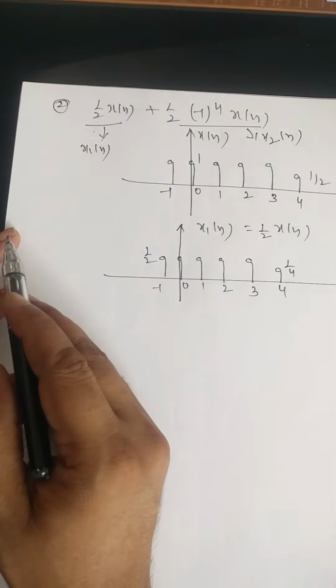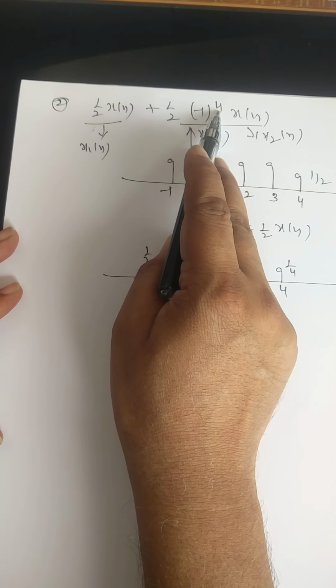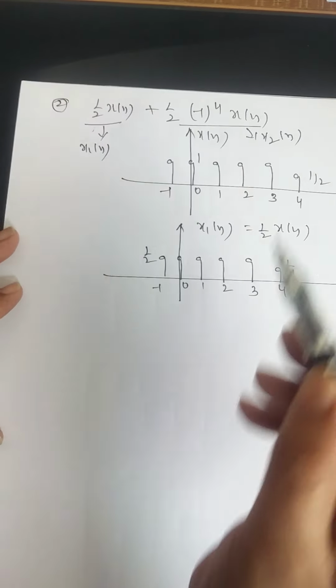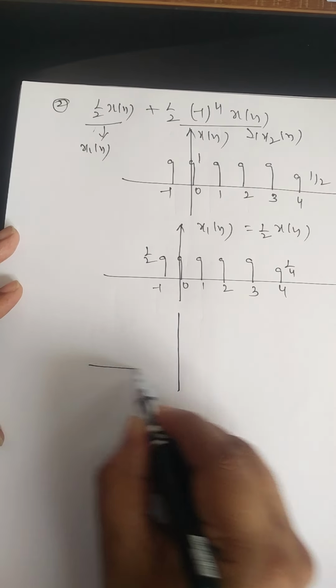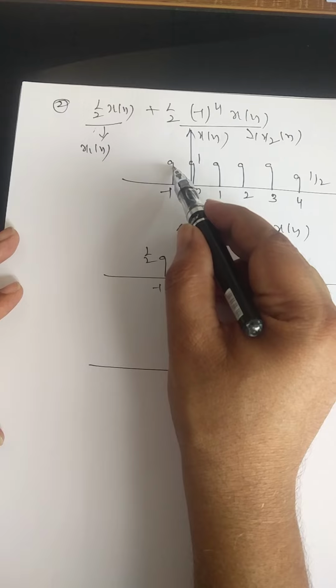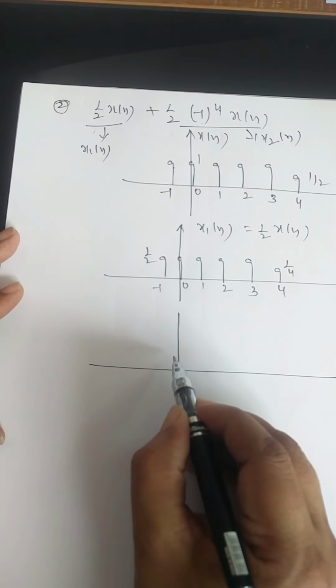The second part of the signal is the same x of n, which I should multiply by minus 1 whole to the power of n. Then I should divide this by 2. First I will multiply it by minus 1 whole to the power of n. When n is 0, x of n value is plus 1. Minus 1 whole to the power of 0 value is 1. You will get the same signal.